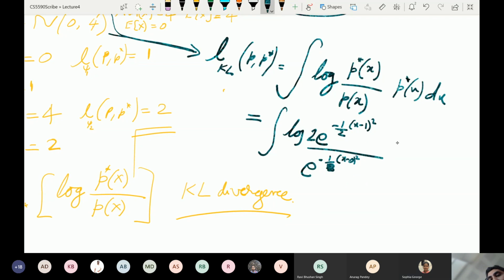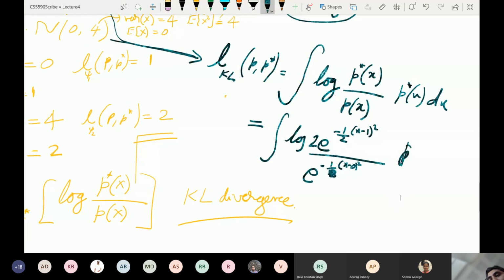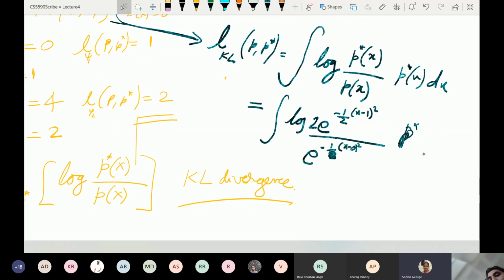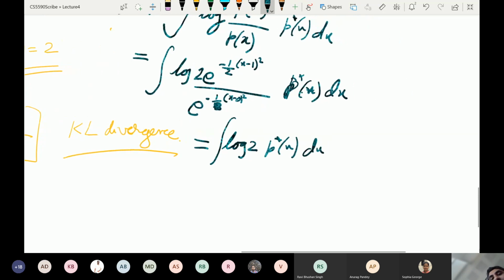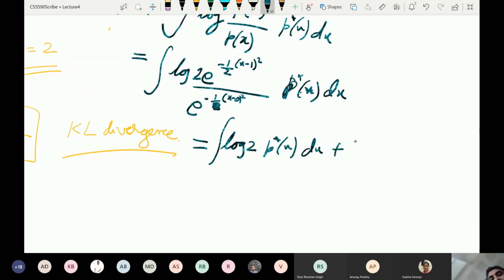And I can also simplify the e to the power of term. We will do that, but it is multiplied by p star of x, and p star of x also I know, but let's not substitute it. Now this simplifies to what? Log 2 times the integral of p star of x, because log of a into b is log a plus log b, plus the integral of log of e to the power of something.